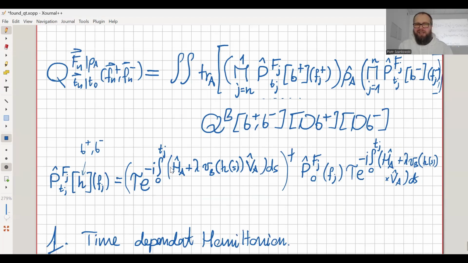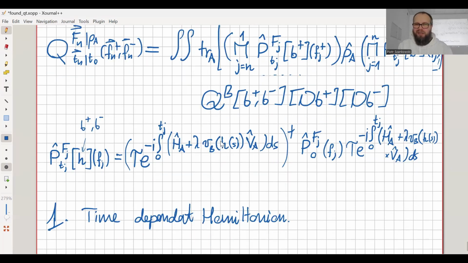Because this is nothing else than a generator of a unitary evolution operator. This is an effective Hamiltonian, and through its dependence on one of the components of the B trajectory, it becomes a time-dependent generator.